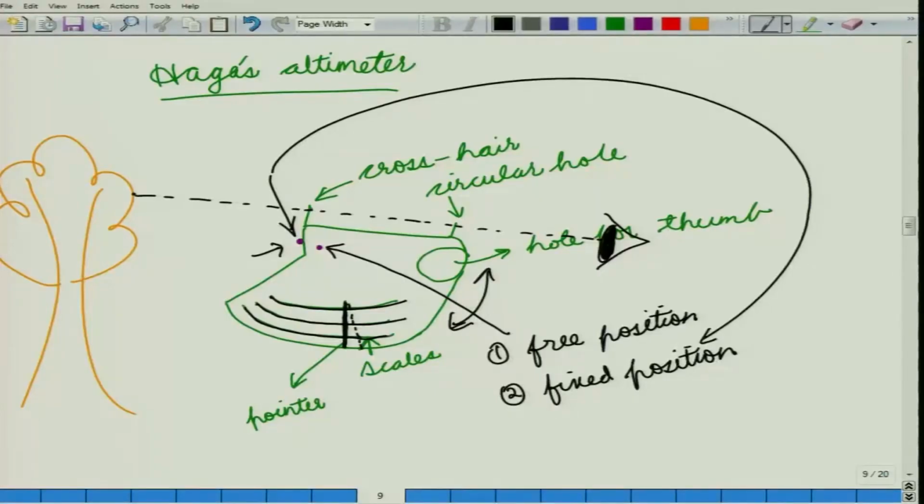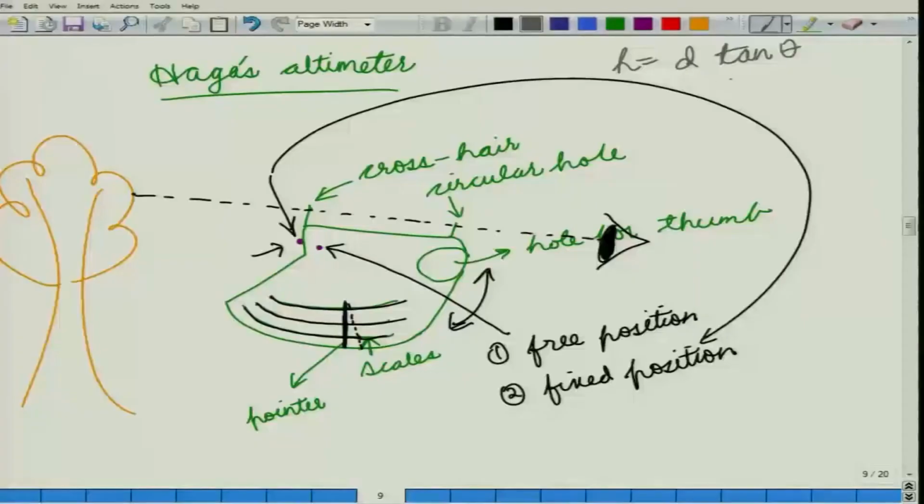Coming back to the tablet, we know that the height is equal to d tan theta. If you used a protractor, you would just be able to measure theta.